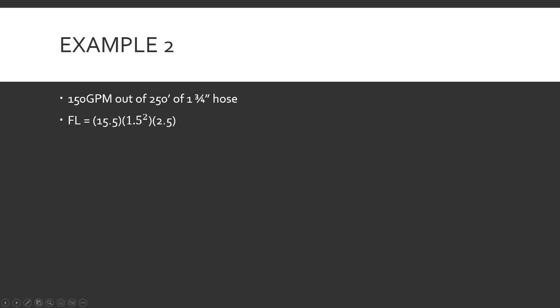So the formula should look like this. Our coefficient for inch and 3/4 is 15.5. Our flow rate squared, 150. Again, divide that by 100. Gives you 1.5 squared. And our L is 2.5, as it is 250 feet divided by that 100.